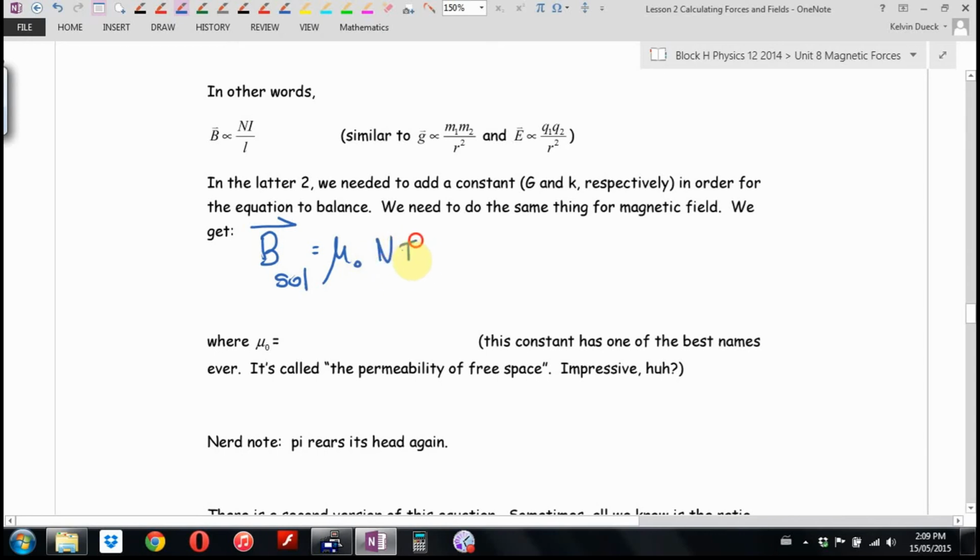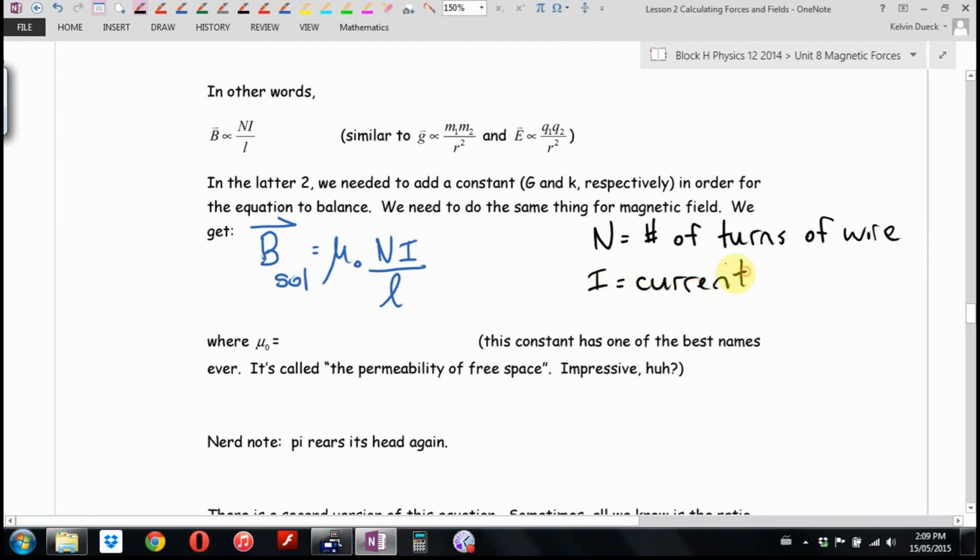Times N times I over L, where N is the number of turns or wraps of wire, I is the current, and again I'm using a lowercase cursive L, so you don't think it's a 1. L is the length of the solenoid. And mu naught is on your sheet.